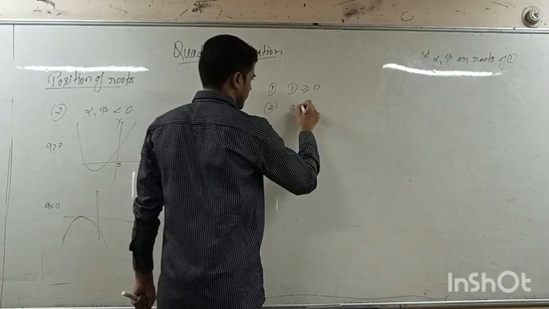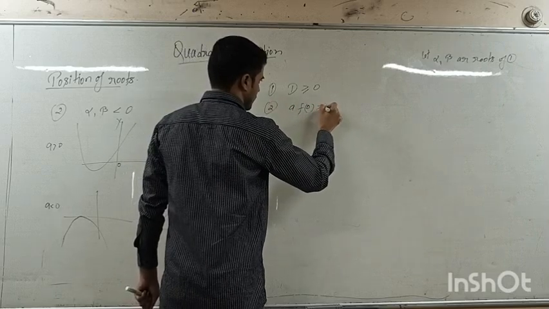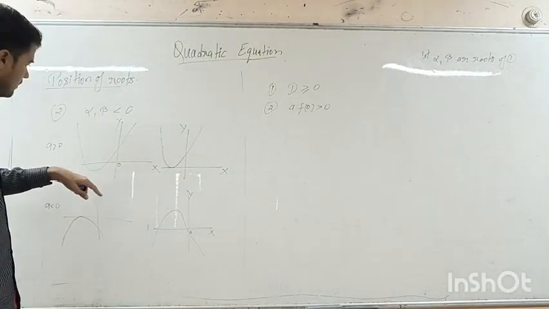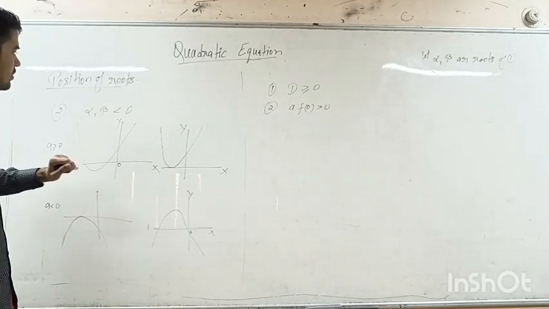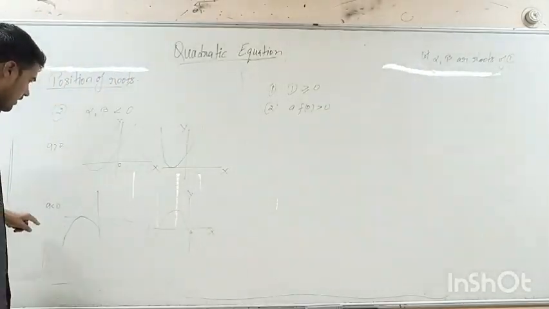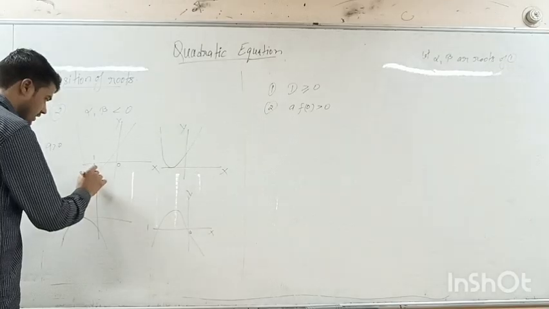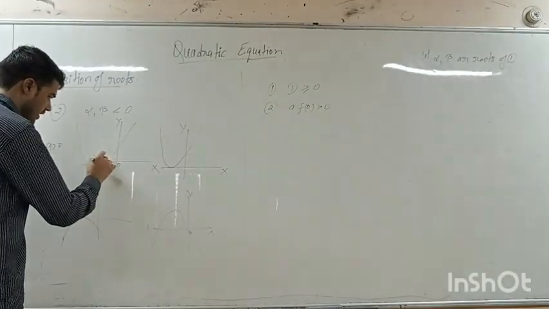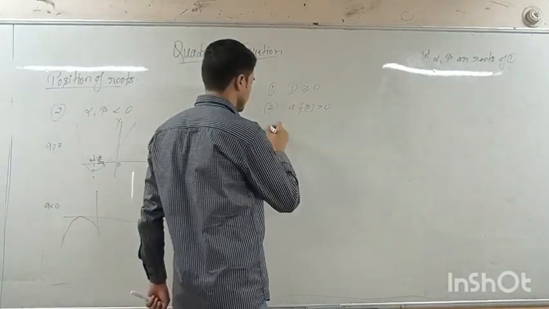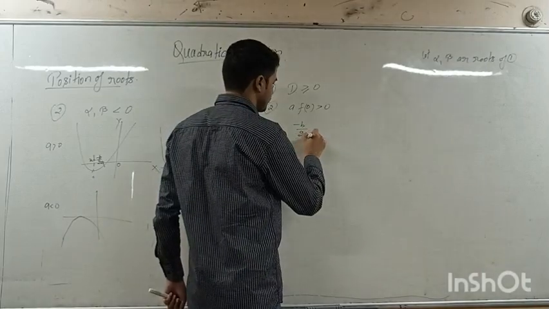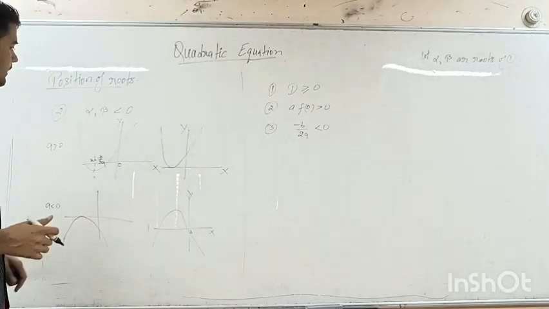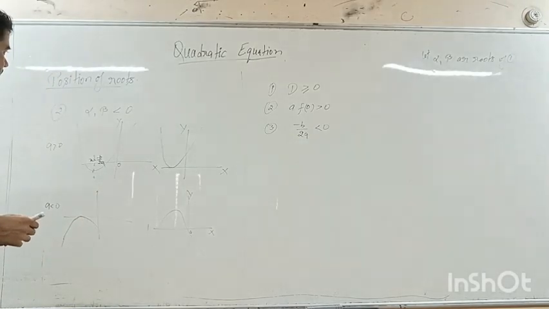The second condition is a into f(0) greater than 0, because a cannot be 0 and f(0) also cannot be 0, so it will be a strict inequality. And what is this point? This point is x equal to minus b by 2a. In all the graphs, minus b by 2a is less than 0. So from here we can find many conditions.